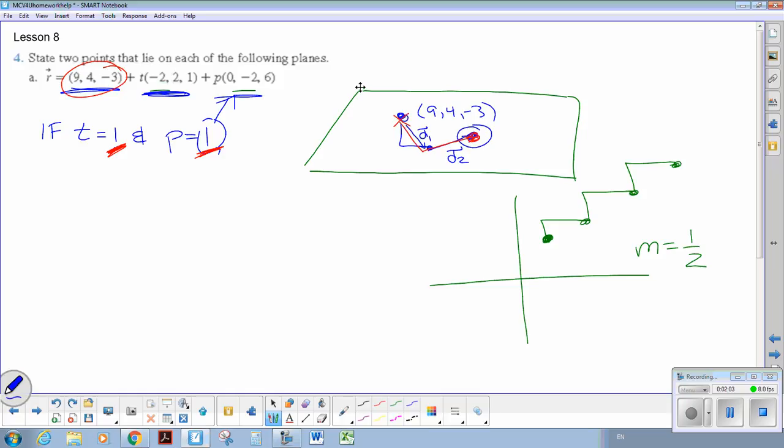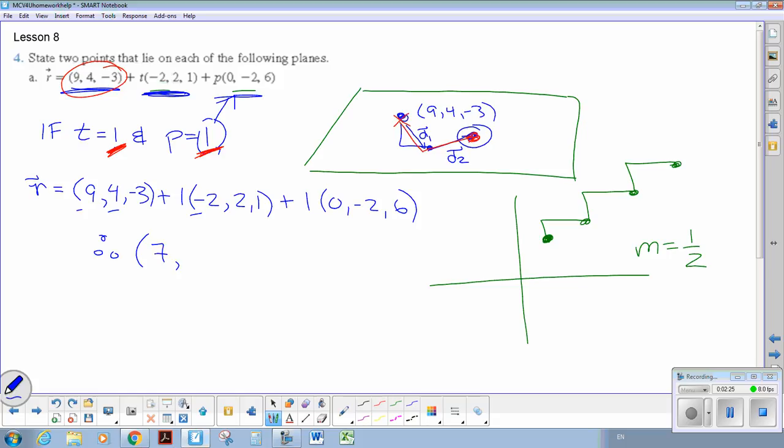So if I did this, my point would end up being, so 9, 4, -3, plus 1, -2, 2, 1, plus 1, 0, -2, 6. My new location would be 9, take away 2 is 7, so 7, 4, 6, 4, and -3, -2, +4.